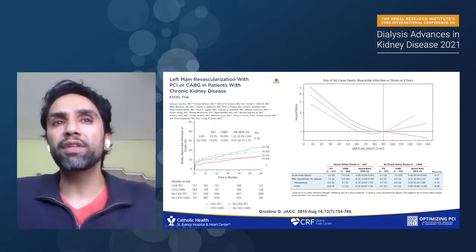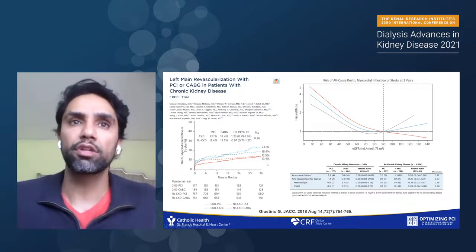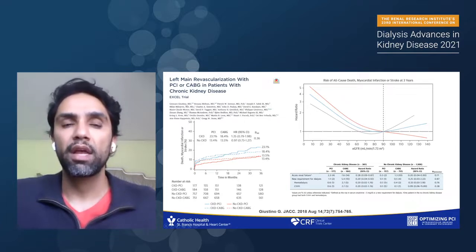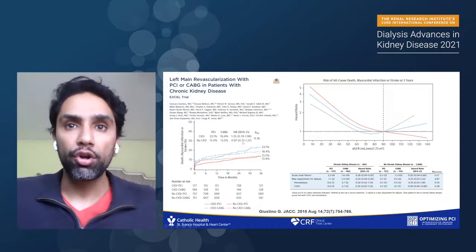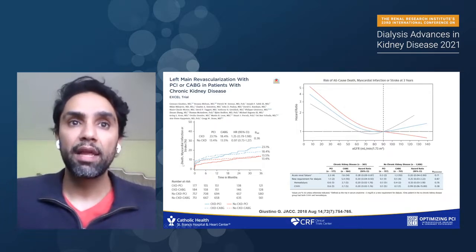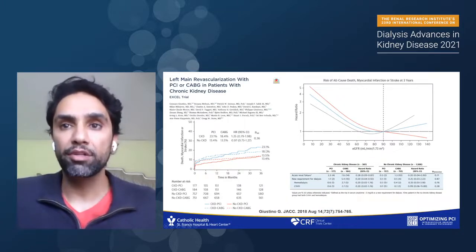Probably the most important and relevant data comes recently from our group at the Cardiovascular Research Foundation, where we looked at left main revascularization with PCI or CABG in patients with chronic kidney disease in the EXCEL trial. So what did we learn? We learned that those patients who had no CKD, either with PCI or CABG, did better than those patients with CKD, and that there was no difference in death, myocardial infarction, or stroke comparing PCI or CABG in the CKD population.